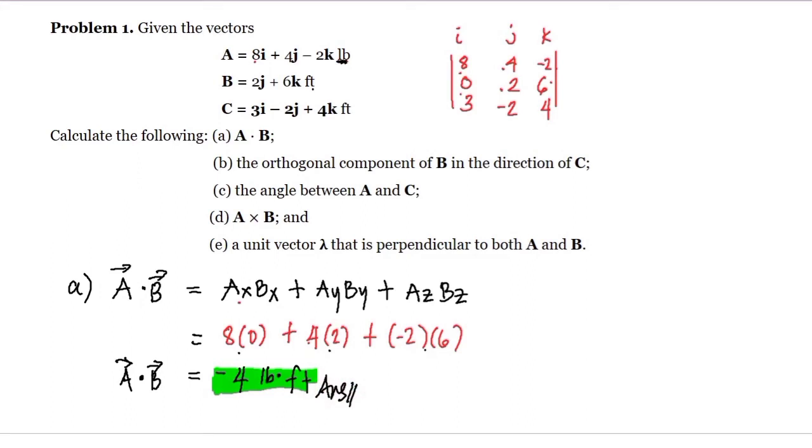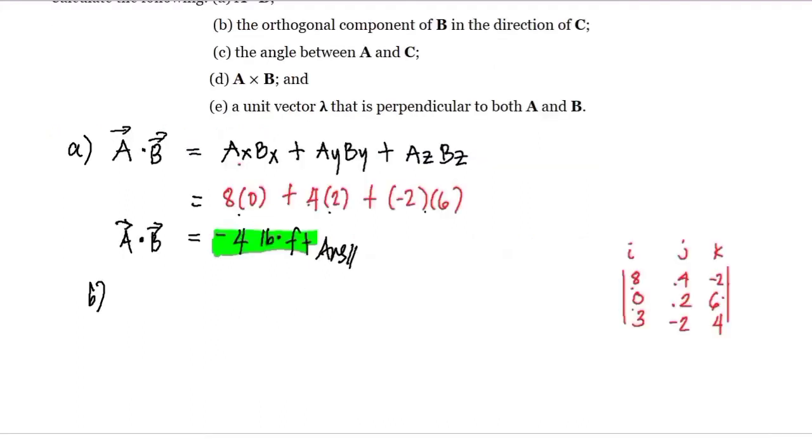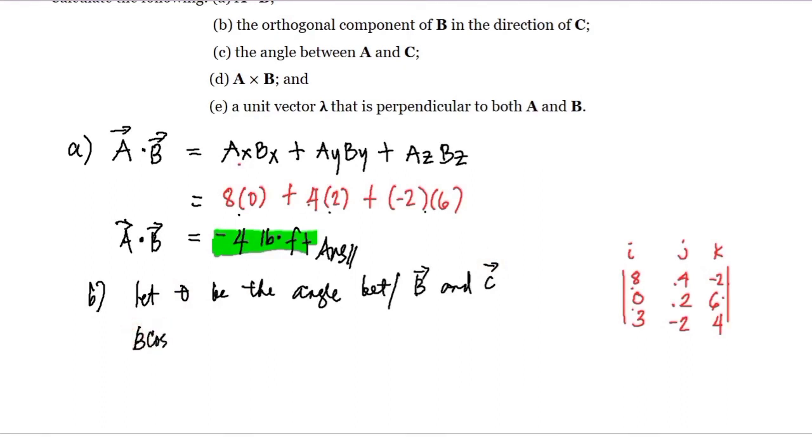For B, we are asked to compute the orthogonal component of B in the direction of C. If we let theta be the angle between B and C, then we obtain that B cosine theta is just equal to the vector B multiplied by lambda C. From the previous lesson, we know that lambda C is just the vector C divided by its magnitude.